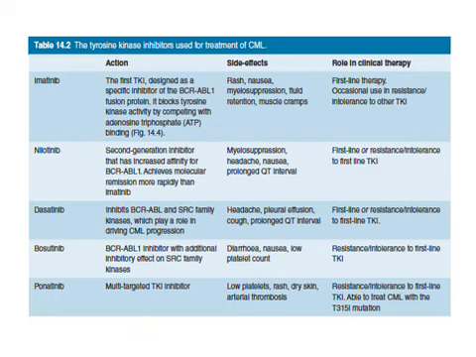Nilotinib and dasatinib achieve more rapid responses as first-line therapy and are therefore used first in some centers, although the side effects are somewhat more common. They may also be used as second-line therapy after imatinib.